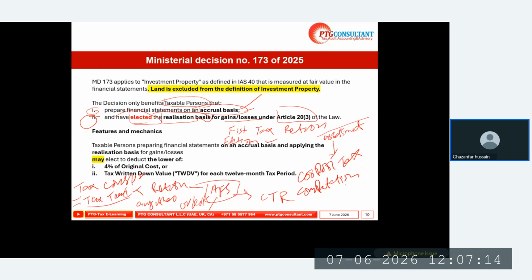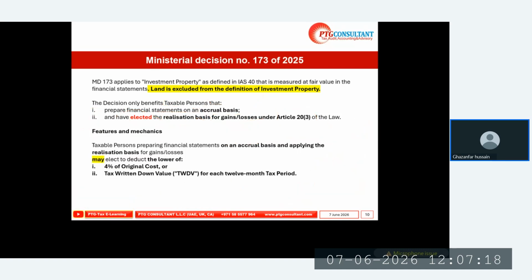Okay, so what we learned so far, up to here, is the assessment. Now the next is how to apply. For the application, the minister is saying on accrual basis, good. Applying realization basis, good.